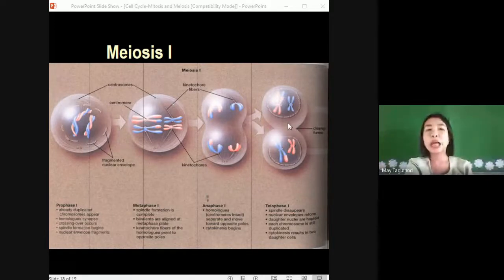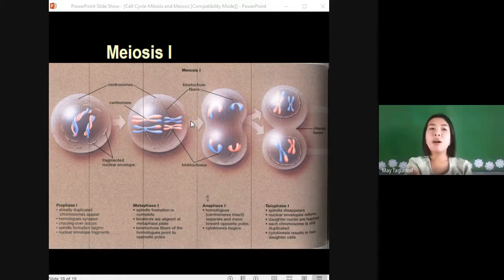So in telophase 1, the spindle fibers break down, the chromosomes uncoil, and the cytoplasm also divides. Another cell division is needed because the number of chromosomes has not been reduced.